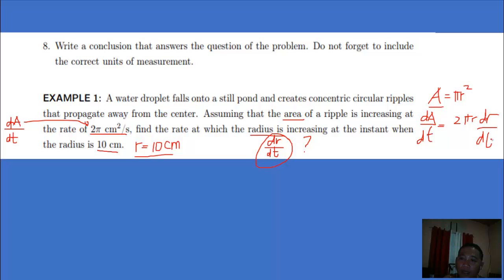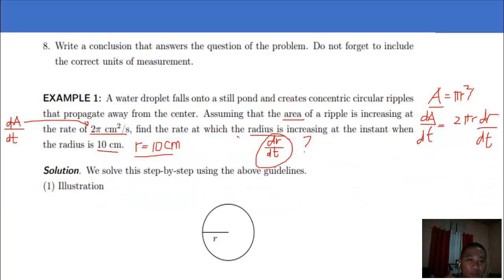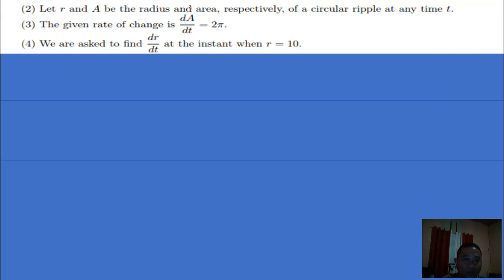Bakit? Kasi, we are having this derivative in terms of r. So, we have 2 pi r dr over dt. So, the illustration steps, we have here the radius. We have the r here. We have the area. The dA over dt equals 2 pi. And we are going to find the dr over dt with the r of 10.